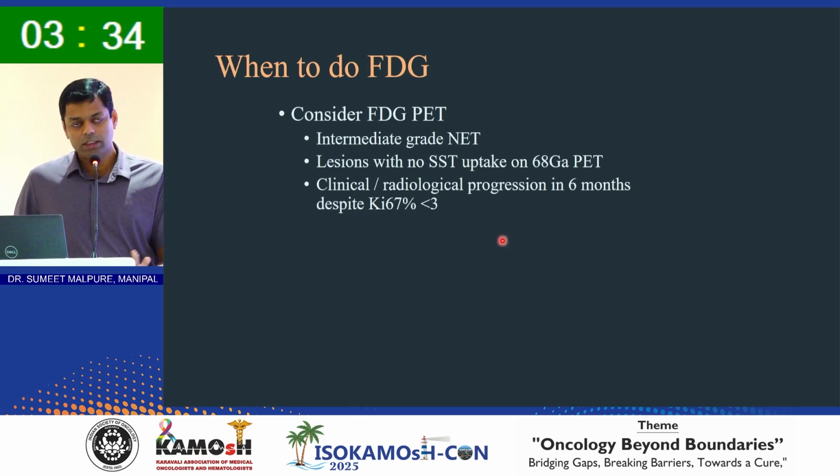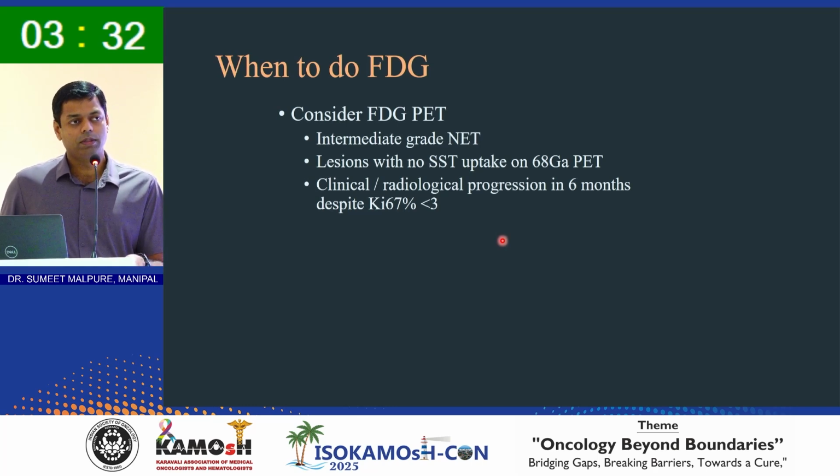In such patients, better do FDG, because there might be lesions which are grade 2 or grade 3 in the same patient. Or else, clinically, you are seeing that the grade 1 NET patient is progressing within 3 to 6 months. You can fairly conclude that the patient has mixed tumors, and then you can go ahead with an FDG PET scan.